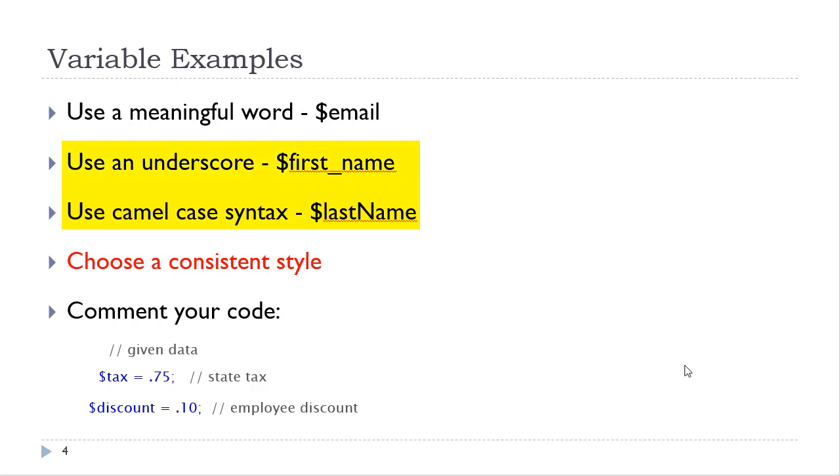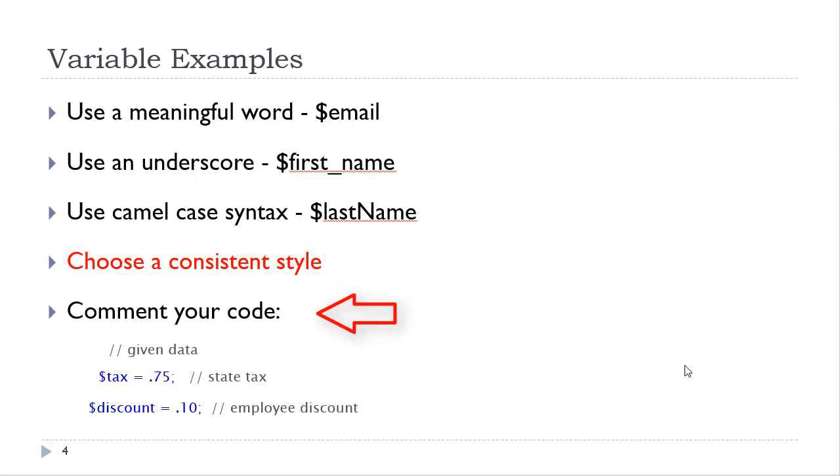These are the standards that we use in PHP. Whichever method you want to use is fine. However, choose a consistent style. It will help you to understand your code and to also debug your code.